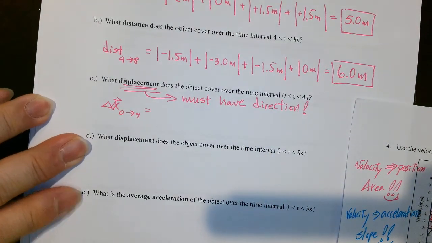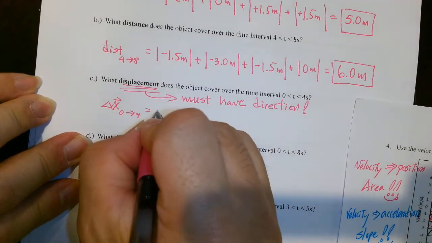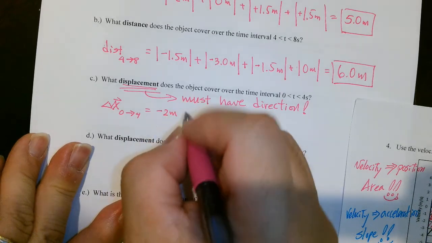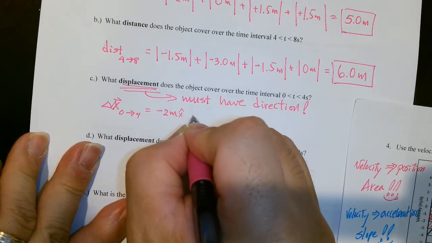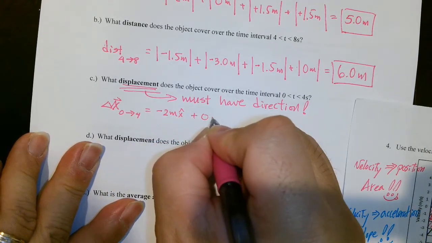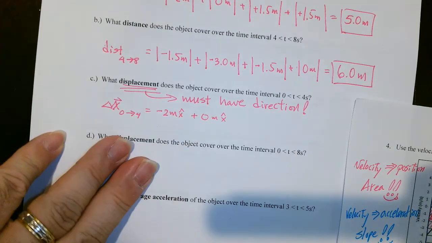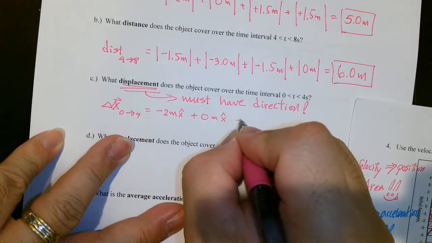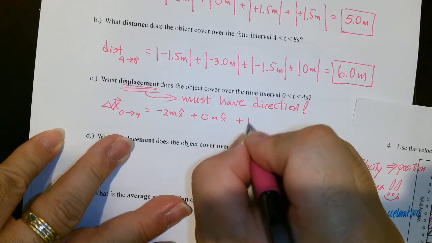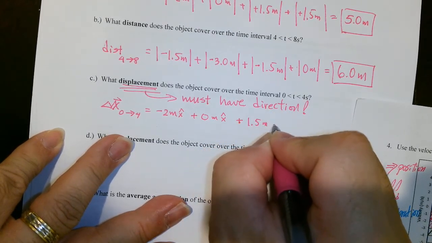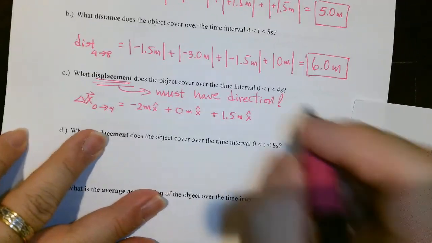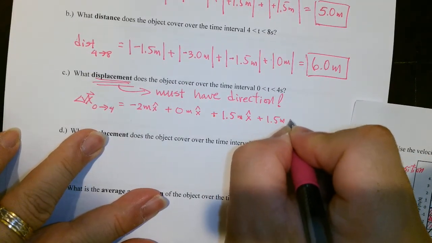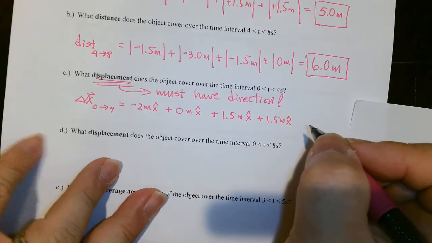So here, 0 to 4 seconds, I have -2 meters x hat, plus 0 meters x hat, plus 1.5 meters x hat, plus 1.5 meters x hat.